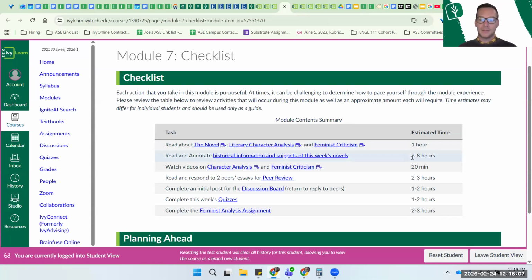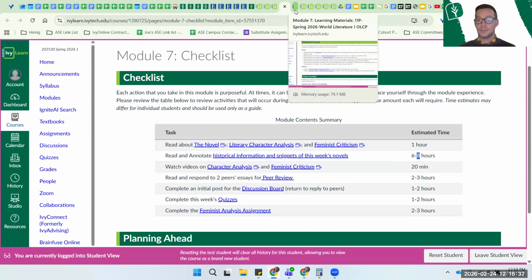I don't expect you to spend a full 6 hours on this, but I think you should probably give yourself at least a solid 3 to 4 hours of time as you think about what time you'll need to move through some of the reading and writing this week. But bank up to 8 hours if you can, just because you might want to spend more time with any particular item on our learning materials page.